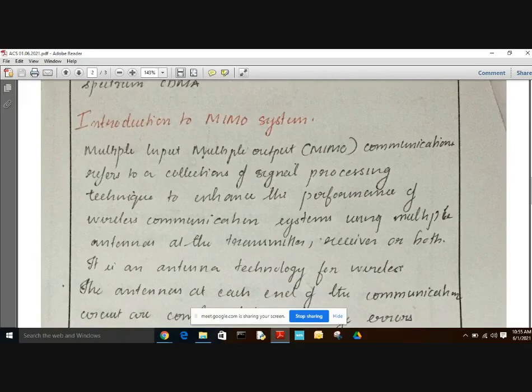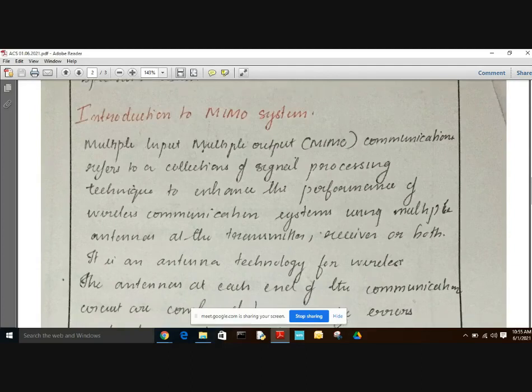This enhancement is achieved by using multiple antennas at the transmitter, receiver, or both, and it is an antenna technology for wireless. It is a collection of signal processing techniques to enhance the performance of wireless communication systems using multiple antennas at the transmitter, receiver, or both.